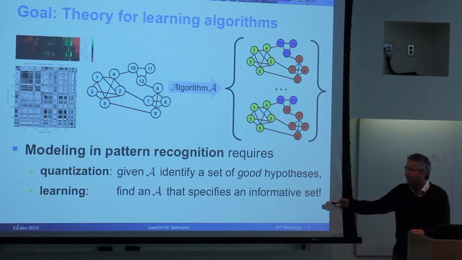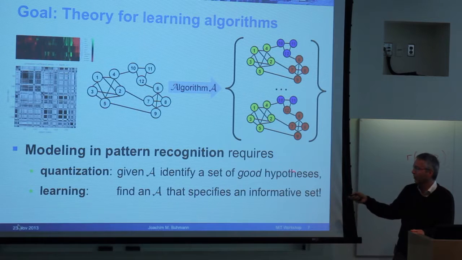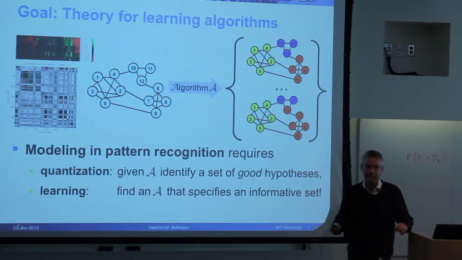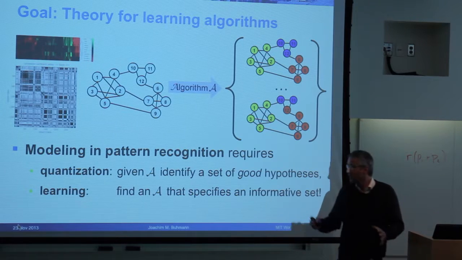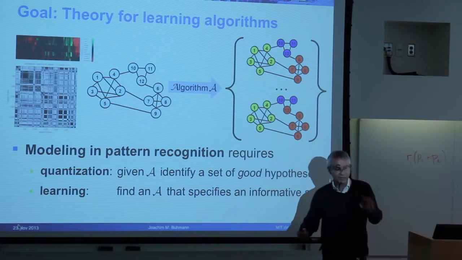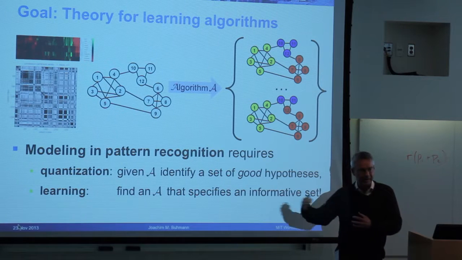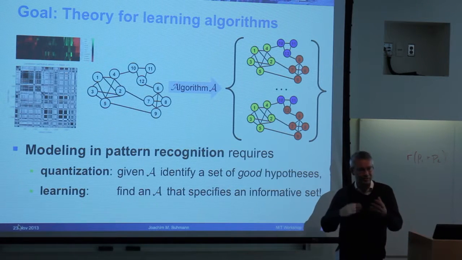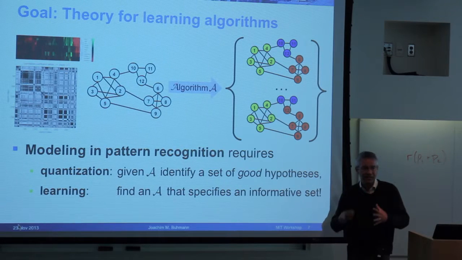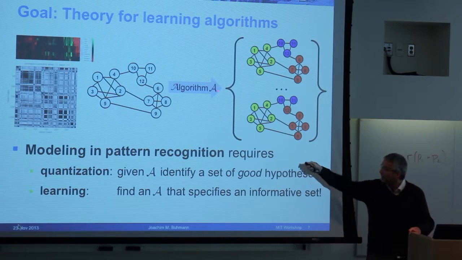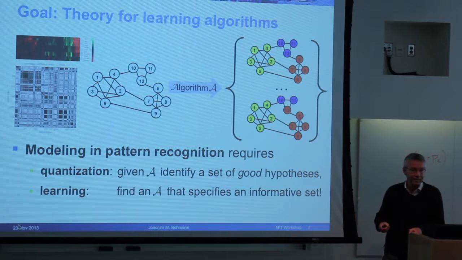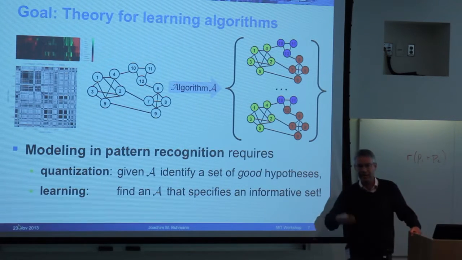But then when you have a principle for this quantization, you do learning by finding algorithms which can do a better, finer quantization. And a finer quantization basically means the algorithm can extract more signal from the data which is relevant with respect to the task, relevant with respect to the hypothesis class, than the competing algorithm. And this algorithm is not so much confused by the noise in the data. And this makes our data interpretation algorithms more informative. And that would also allow learning of representations, learning of algorithms in a fully automatic way.